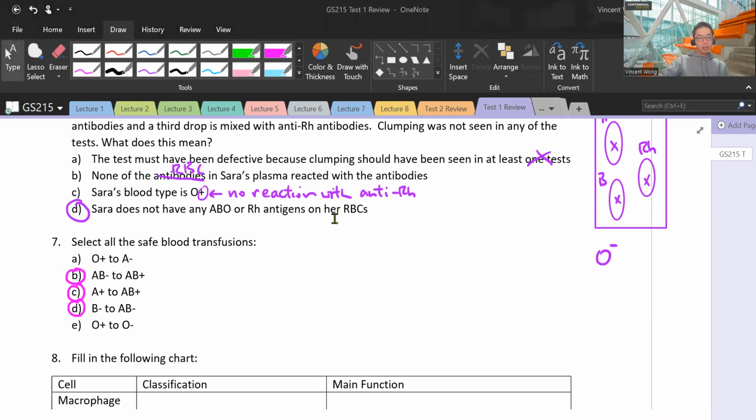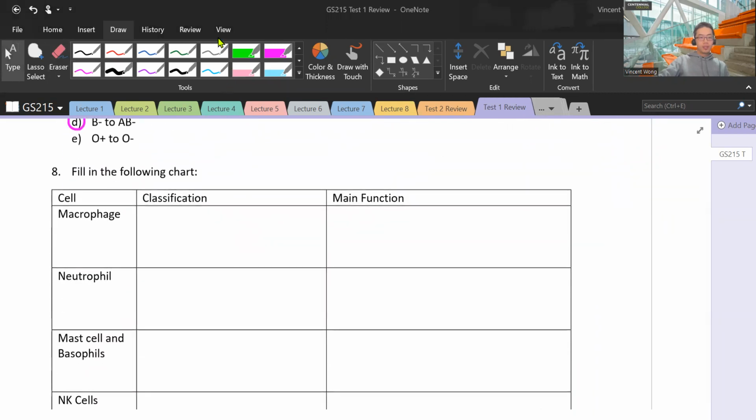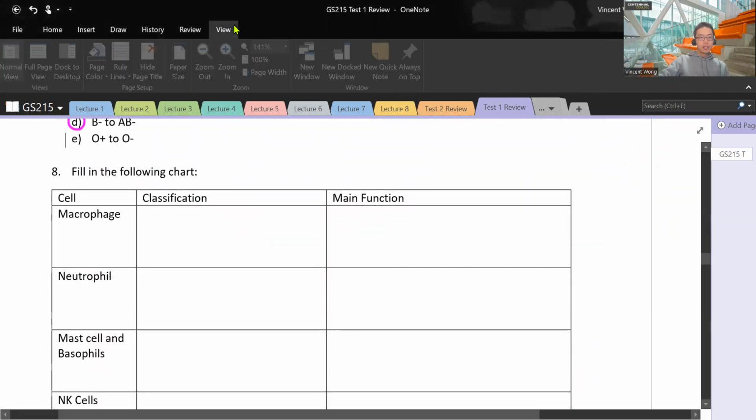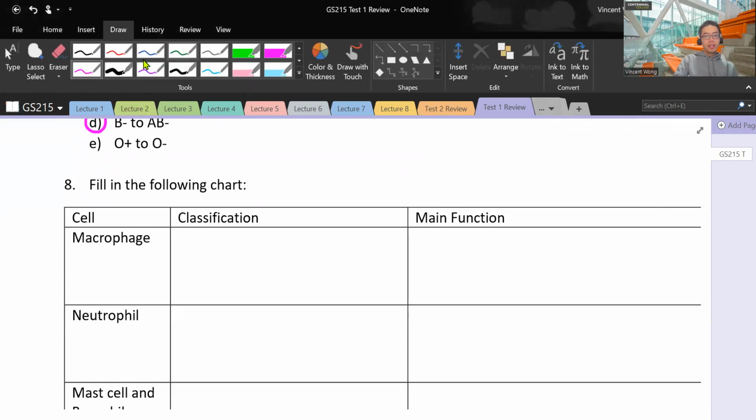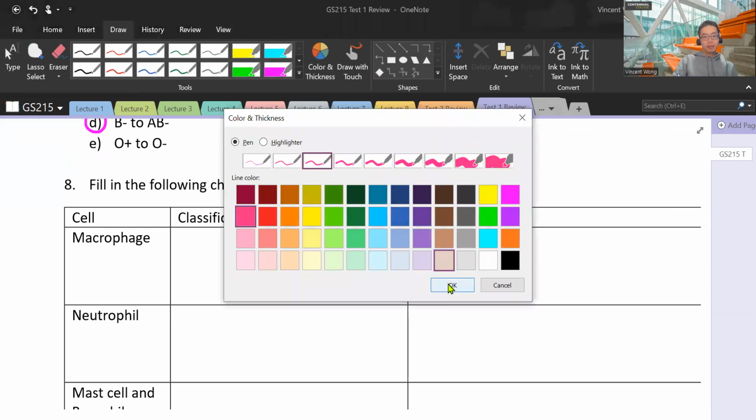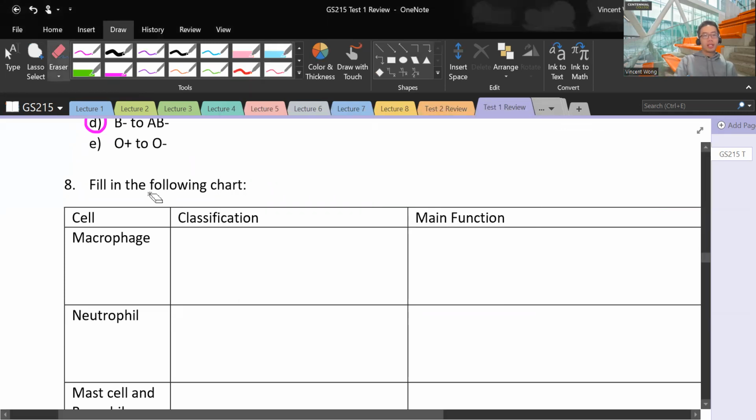All right, moving on. Next, we have a chart with a bunch of cells, and we will just fill them in. First one is a macrophage, and you probably remember by now that macrophages came from monocytes. And how do we classify macrophage? Well, macrophage is generally considered a phagocyte. That means they just go around doing phagocytosis.